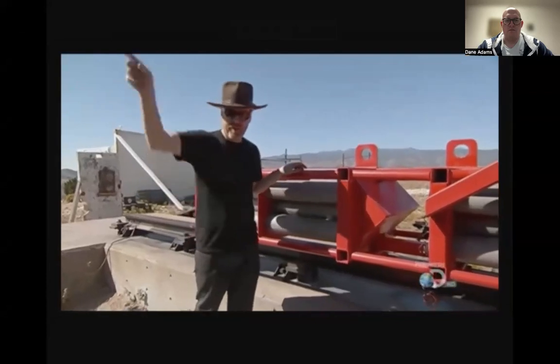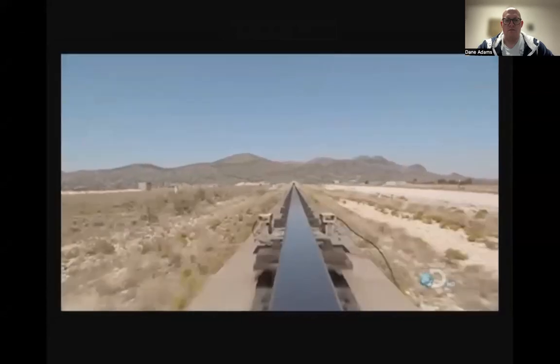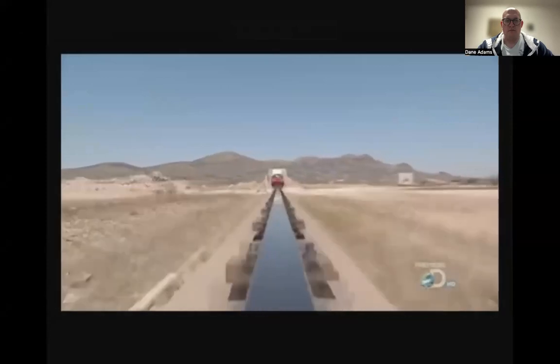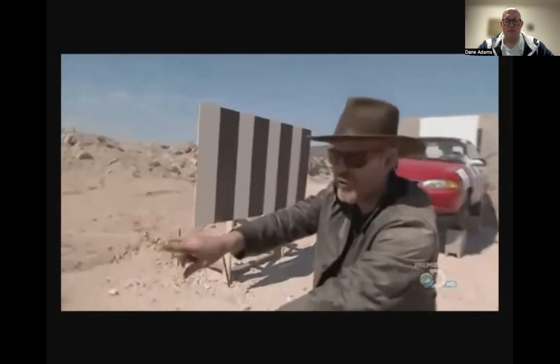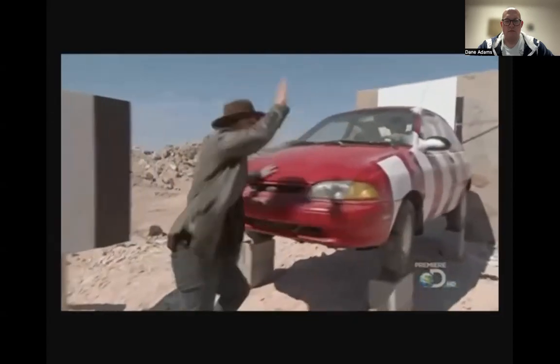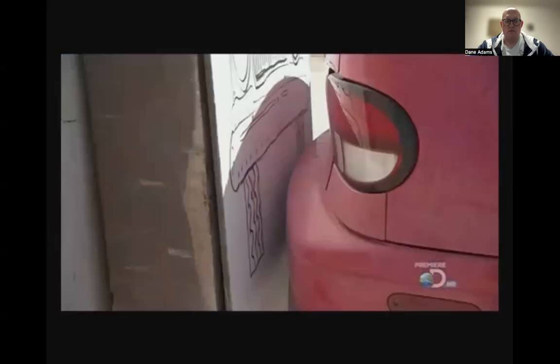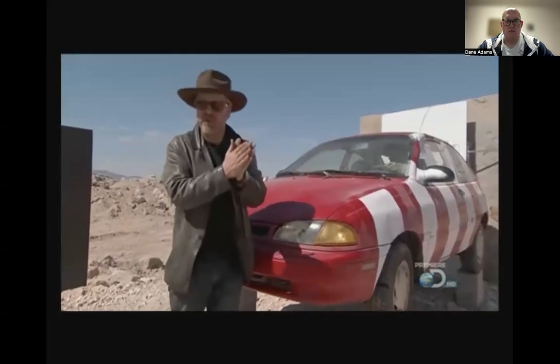When we push the launch button from the bunker, this back sled fires, pushing this front sled down the track to here, where the front sled's rockets kick into gear and carry it the rest of the way down the track. By the time our sled reaches the end of the track here, it ought to be going 700 miles an hour. It will then leave the track, traveling across 20 feet of open space, where it will eventually hit our car, nose first. Now, the car's backed up against that steel plate and that concrete block, and should simulate our 2-truck impact at the speed of sound. So we've kept you waiting long enough.